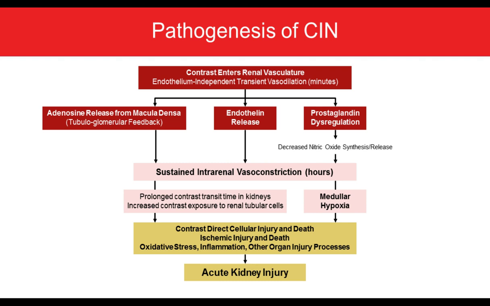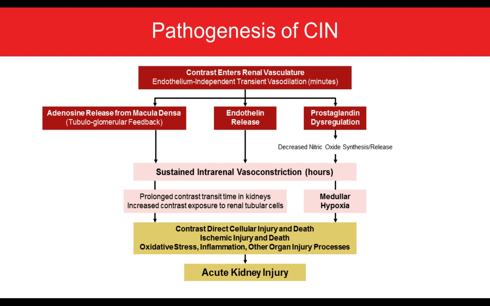Okay, so after initial transient vasodilatation, there is adenosine-mediated intrarenal vasoconstriction, and after a few minutes, contrast administration causes release of endothelin, and endothelin is a pretty potent vasoconstrictor. So now you're having another stimulus for the renal vasoconstriction in addition to adenosine.